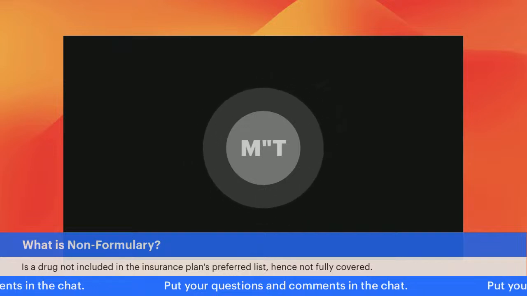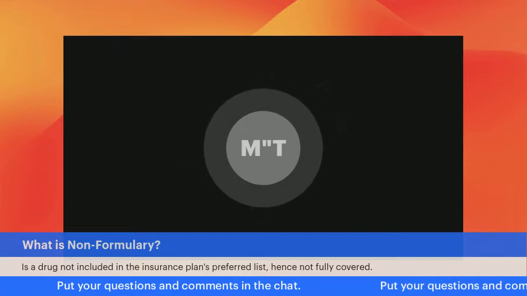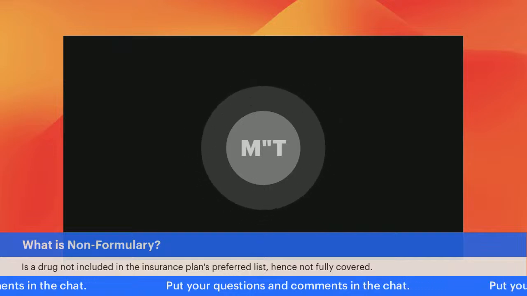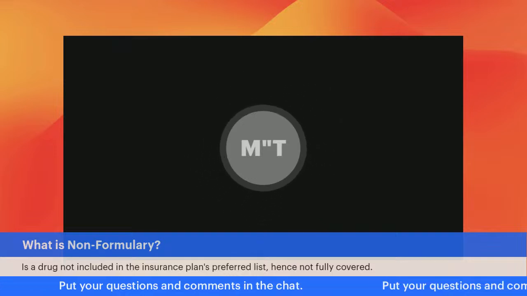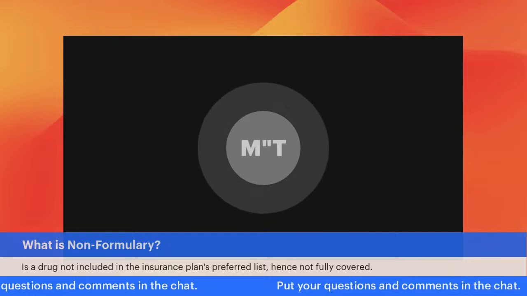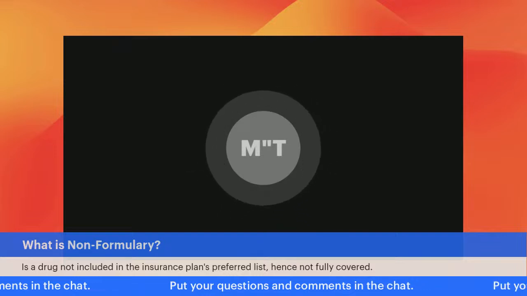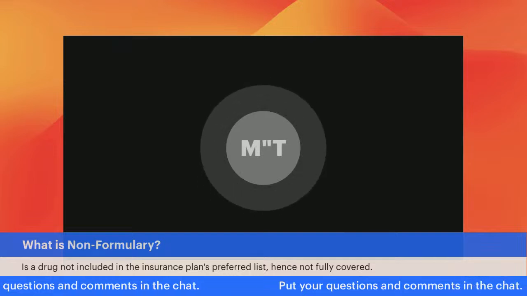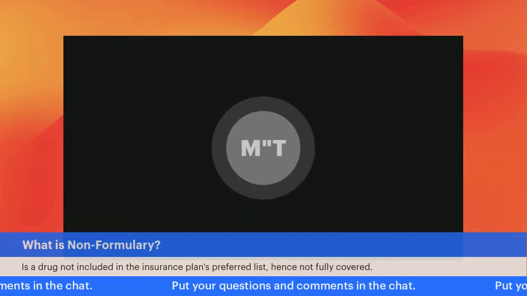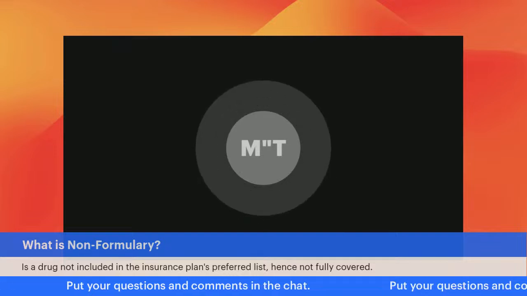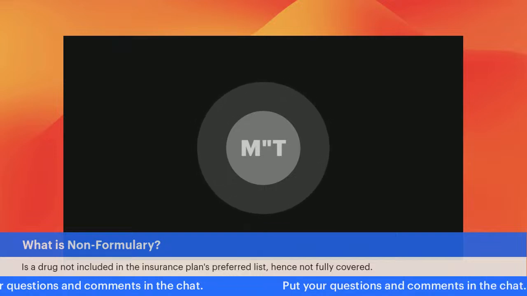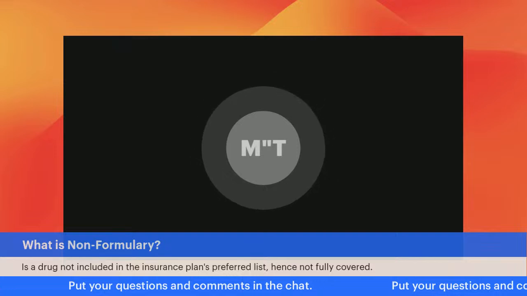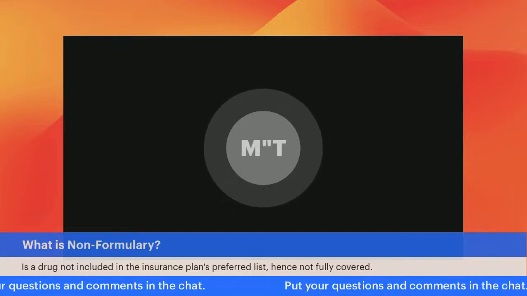So if they just completely remove the pharmacy card, you know, the one in the commercial where they show the formulary on it, what happens if we take those away?